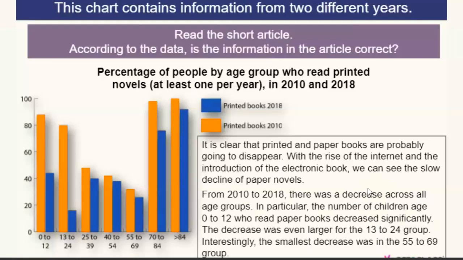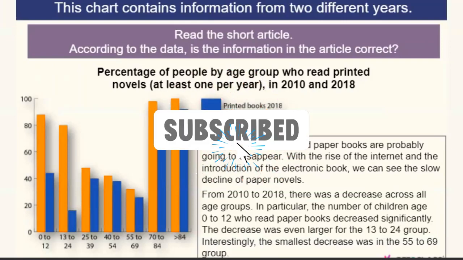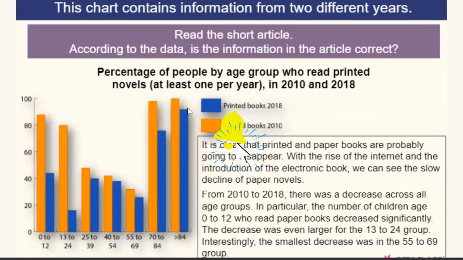Those words describe the type of data that we want to go across, across all age groups. So if you compare the orange, which is 2010, versus the 2018, overall, they're less than 2010.